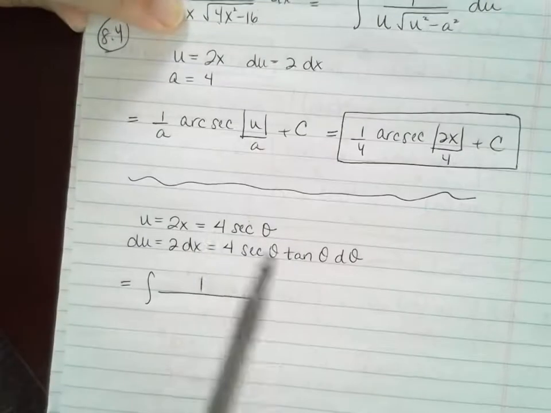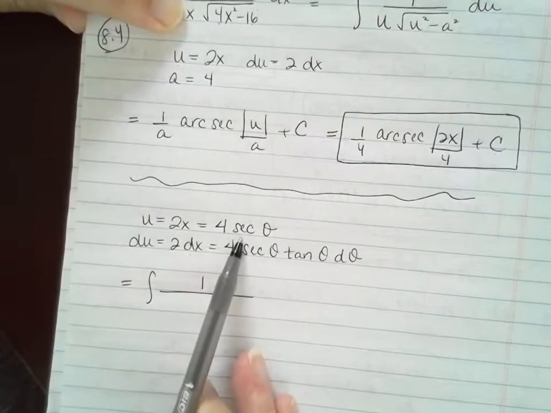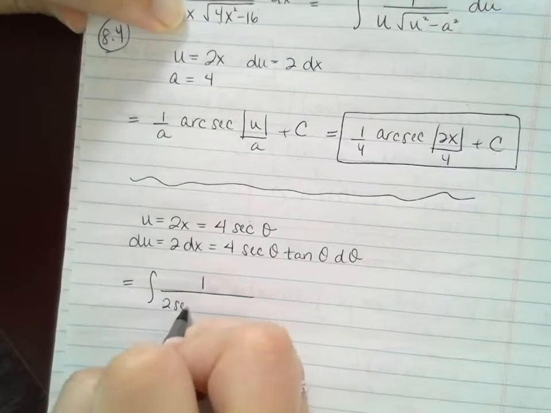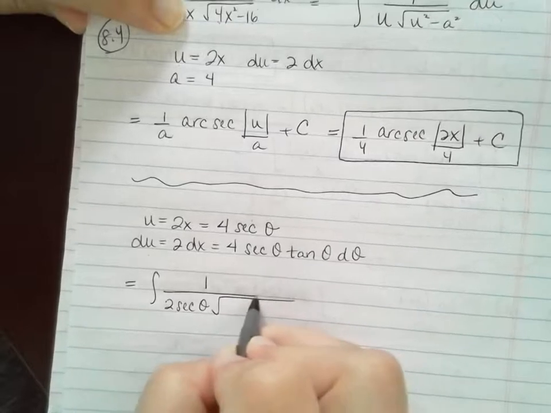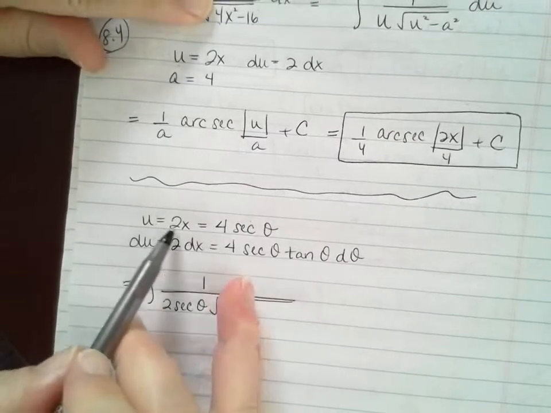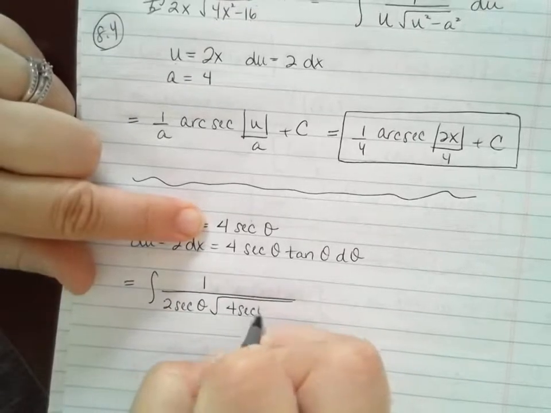If that's the case, then if I solved this for x, I would divide both sides by 2, right? So x alone would be 2 secant theta. Four x squared is like saying u squared. So it would be 4 secant theta squared.